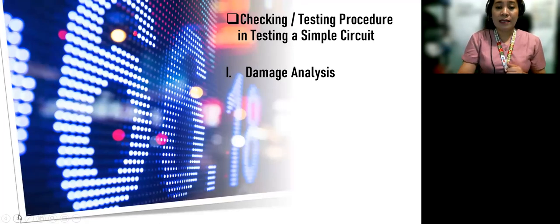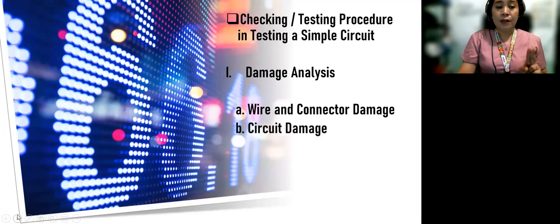You have to analyze that according to the categories you have to be concerned of. Number one is wire and connector damage. Next is circuit damage. And of course, inspection of wire repairs. That is very much needed.